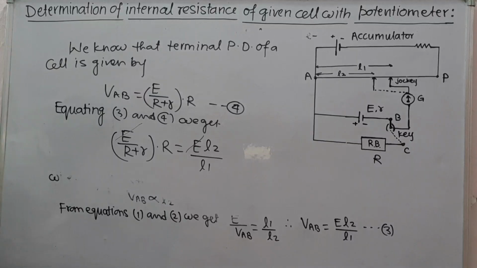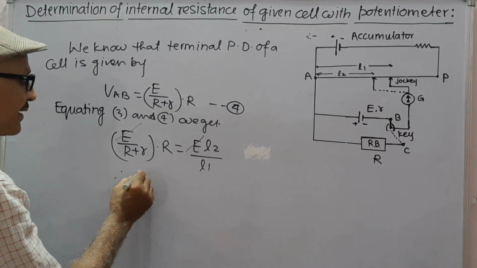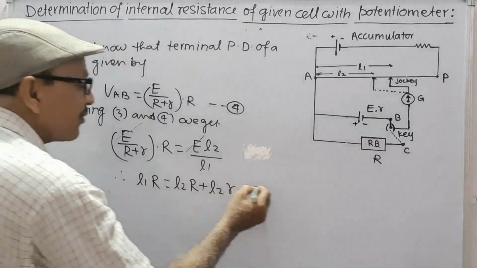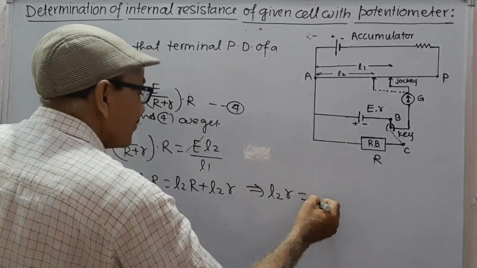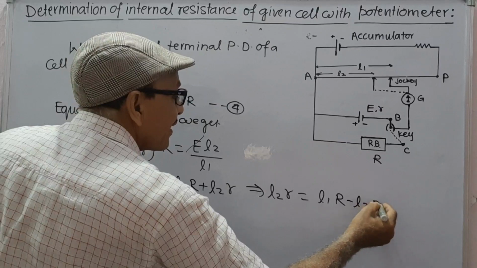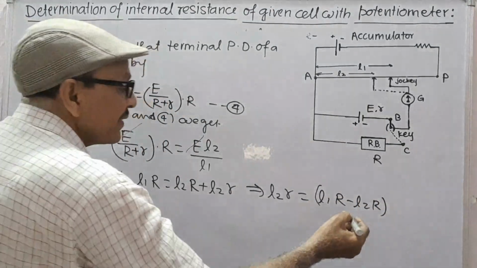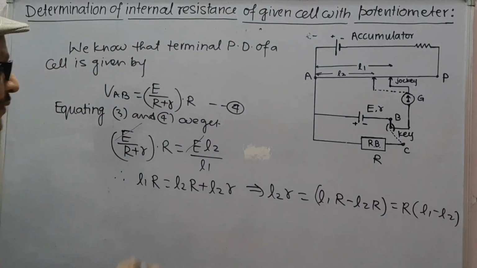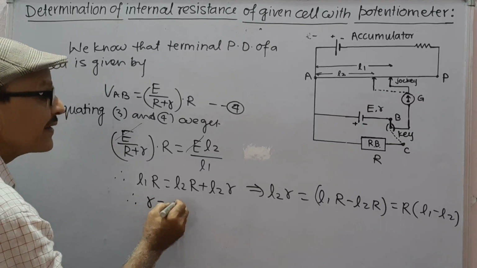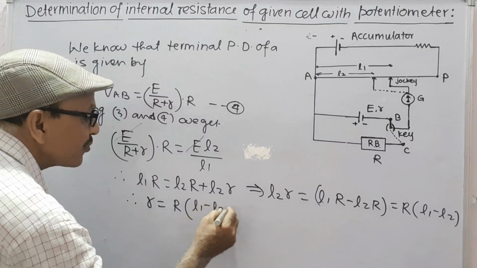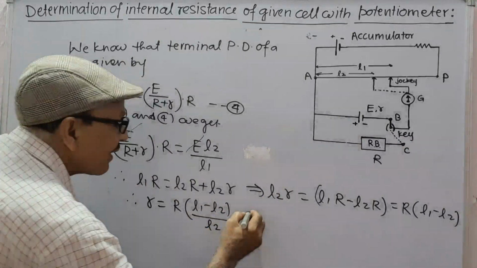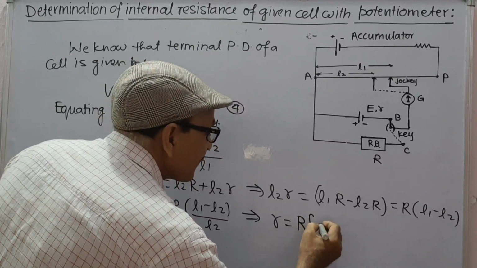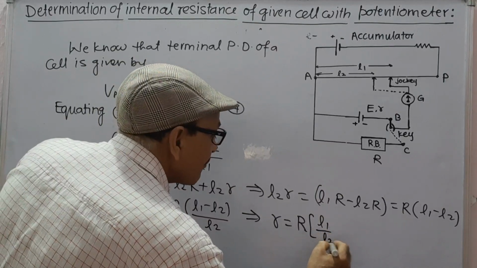E gets cancelled. By cross multiplication, we get L1 R is equal to L2 R plus L2 small r, which gives L2 small r is equal to L1 R minus L2 R. R taken common, it can be written as L1 minus L2 into R. Therefore, we get internal resistance small r as R times L1 minus L2 upon L2, or small r will be equal to capital R into L1 upon L2 minus 1.